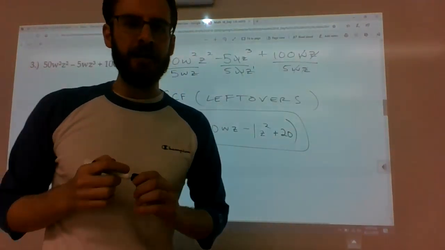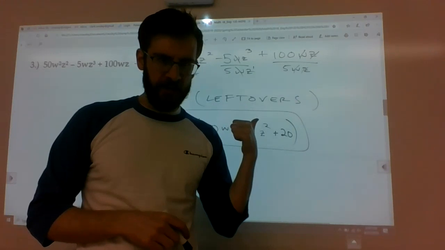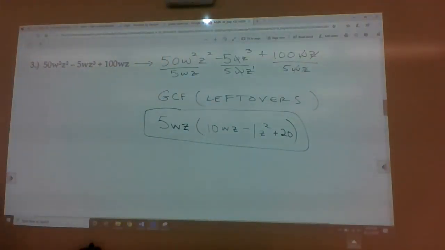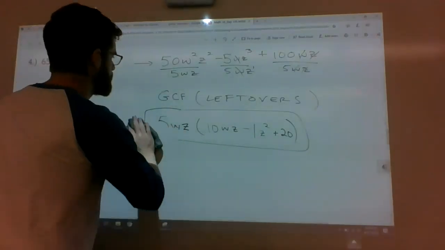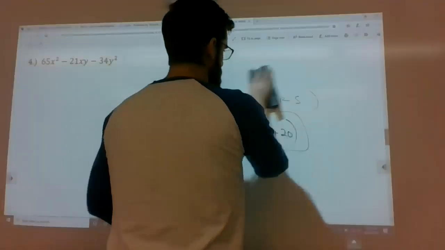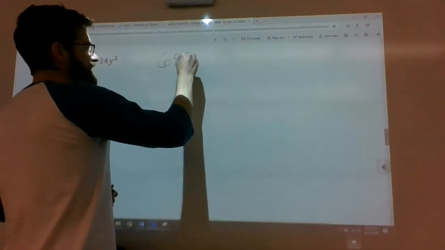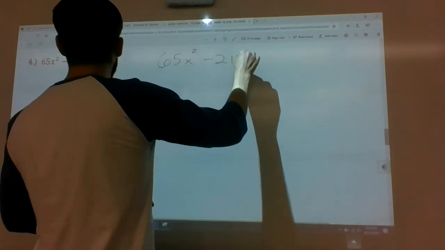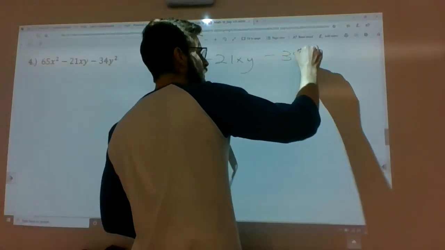All right, I got a few minutes, so I will show the same method on number 4. So you got 65x squared minus 21xy minus 34y squared.